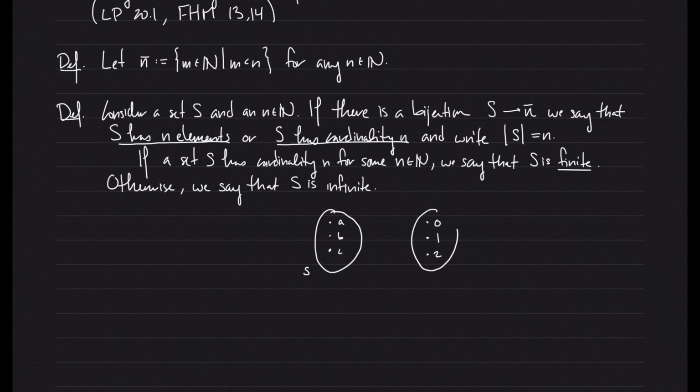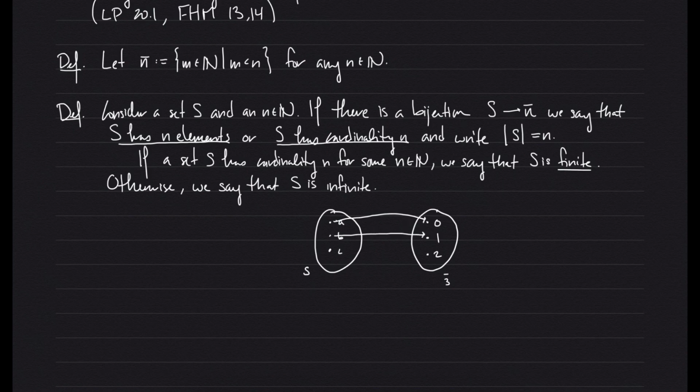The bijection from S to 3 bar is a function that sends each element in S to an element in 3 bar, but we never have a situation where 2 elements go to the same element. So each element in S has to go to a different element in 3 bar. And furthermore, we have to make sure that all the elements in 3 bar get hit by an element of S.